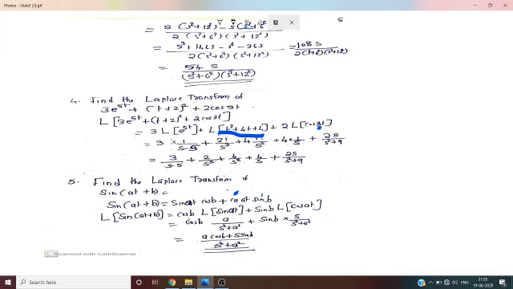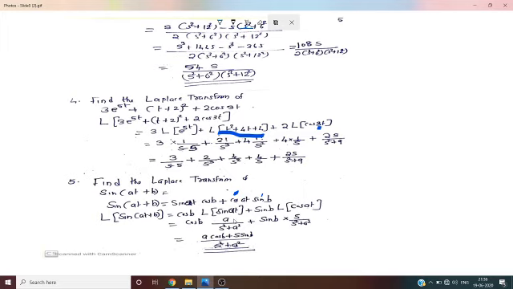Now the Laplace transform of sin(at plus b) equals cos b into the Laplace transform of sin at, since cos b is a constant so it can be taken outside, plus sin b into the Laplace transform of cos at, with sin b taken outside.